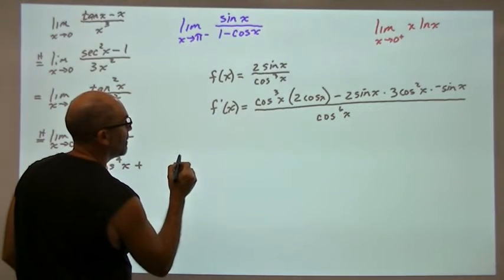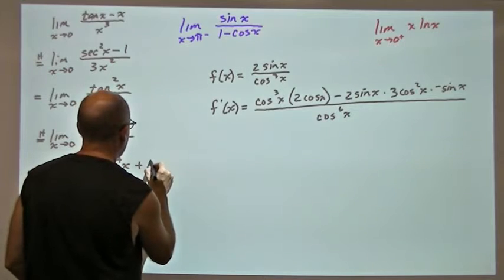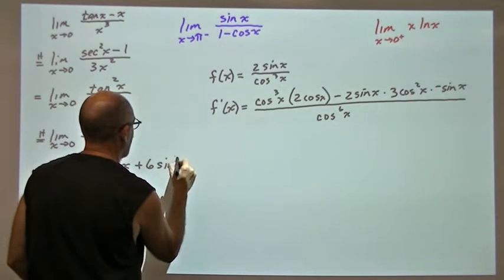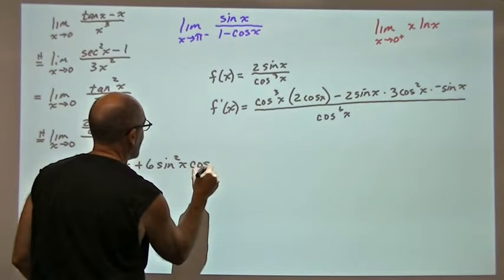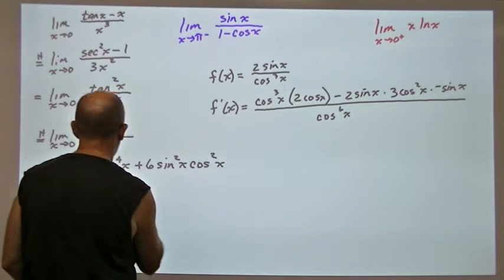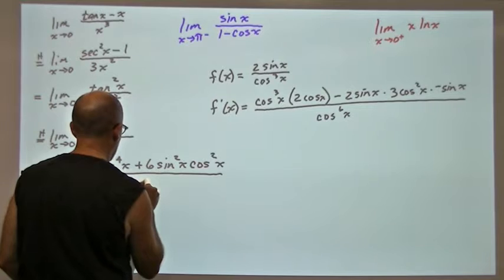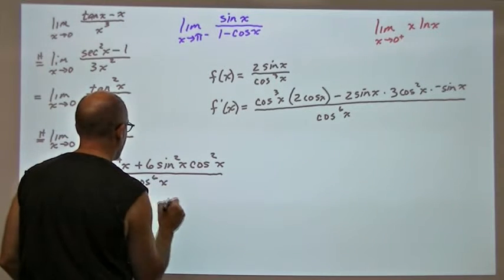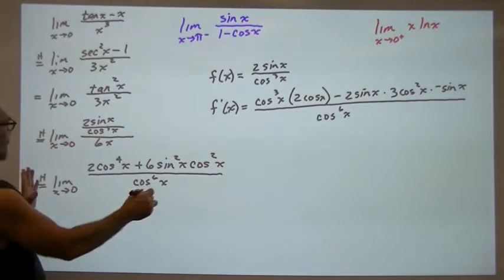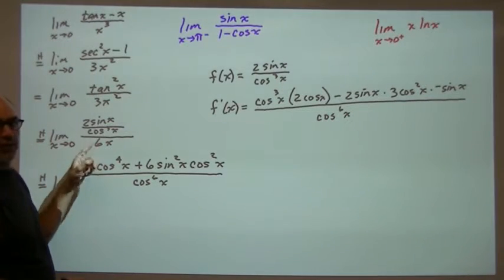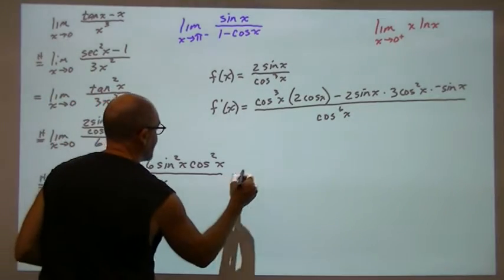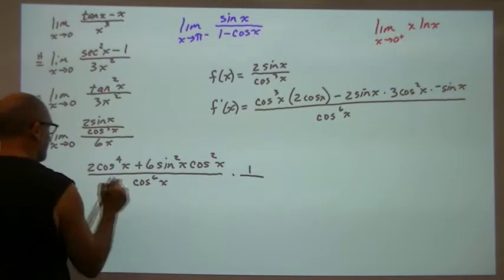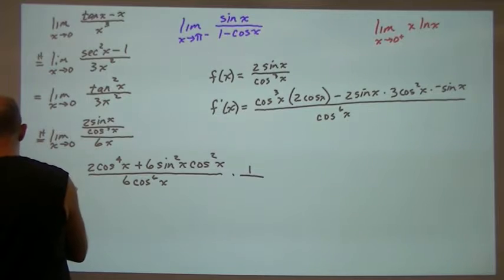So 2 times 3 is 6 sine squared x cosine squared x over cosine to the 6th x. And notice this whole thing is divided by the derivative of 6x, which is going to be 6. So I'm just going to go 1 over 6, or let's just put a 6 here.